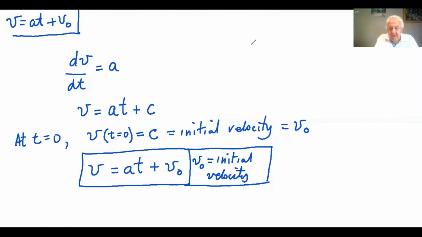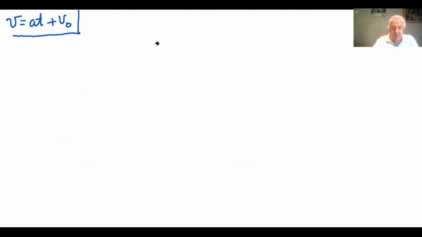Okay, let me rub all this out. Right, to calculate my next formula, I start with the definition of velocity as a rate of change of distance. So I'm assuming acceleration is constant, so I can use this formula for the velocity here.